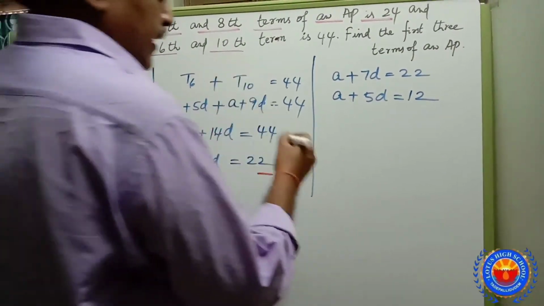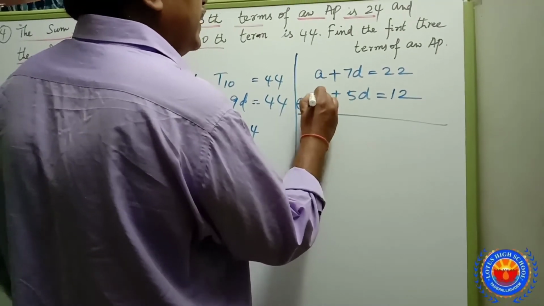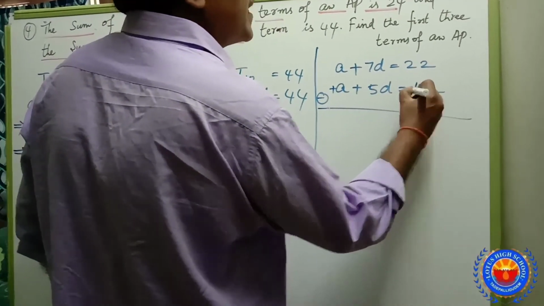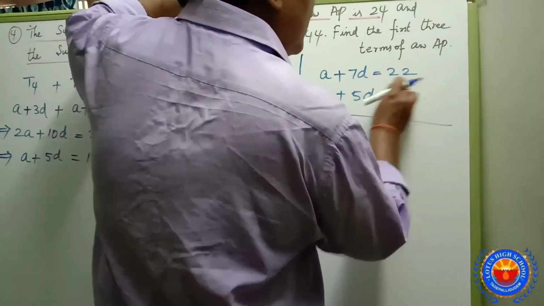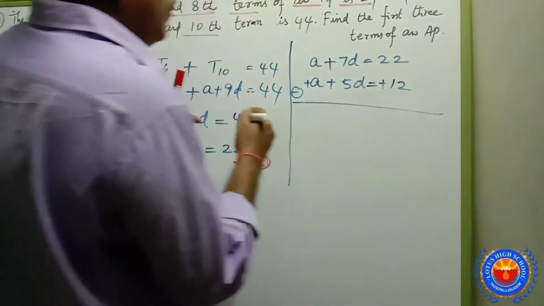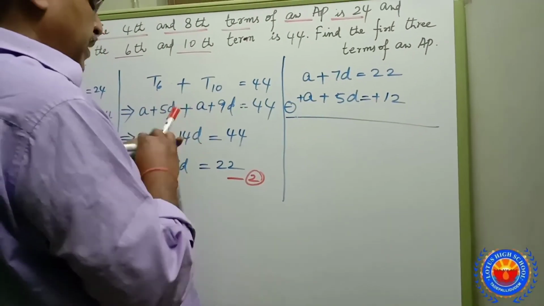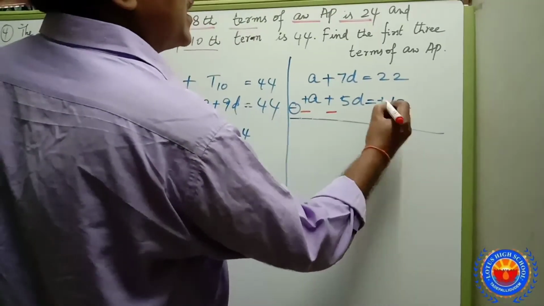As in the previous problem, I am going for the elimination method, subtraction. Both have plus symbols, and because of the subtraction, each plus becomes minus.